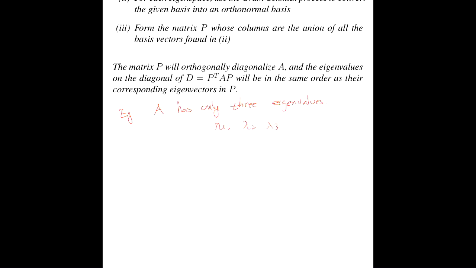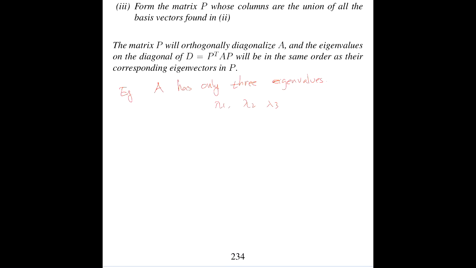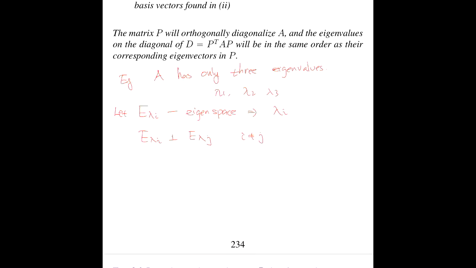Their dimension can be anything. We let E lambda i be the eigenspace corresponding to the eigenvalue lambda i. Of course we know that if i is not equal to j, different eigenvalues have orthogonal eigenspaces.